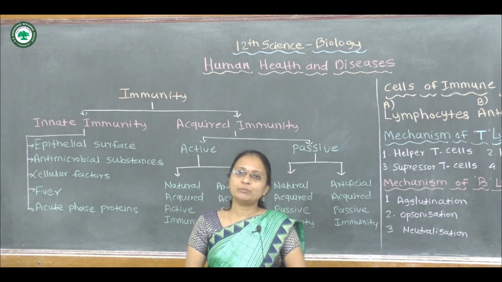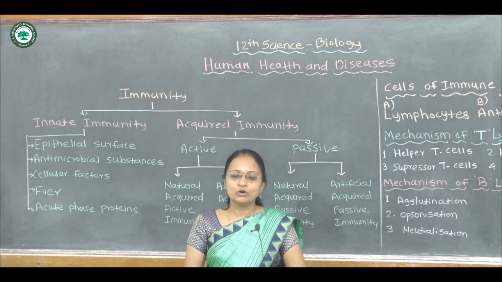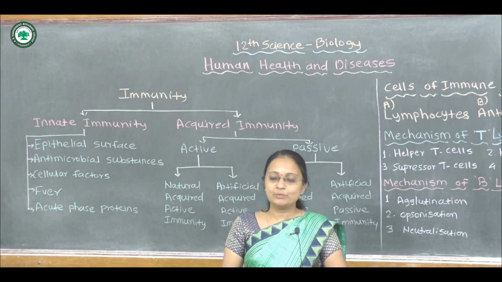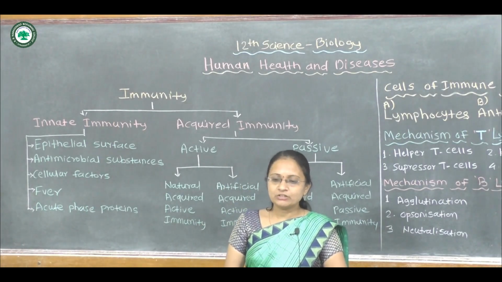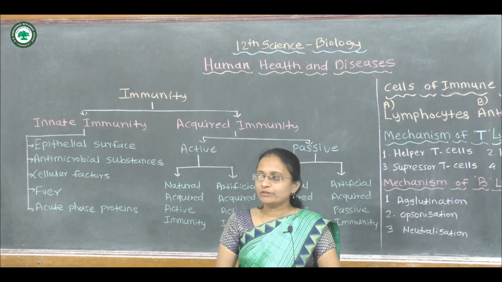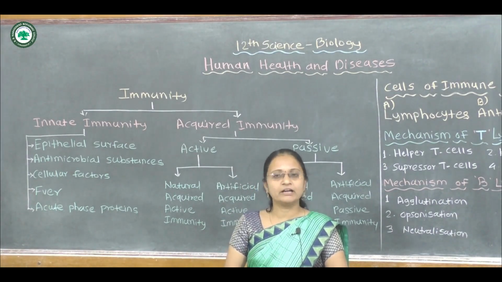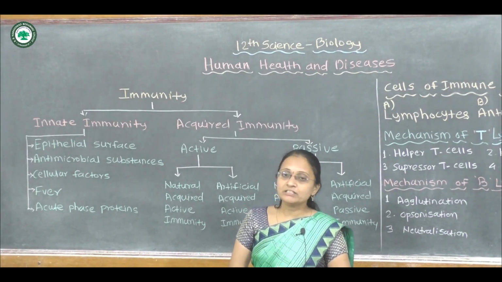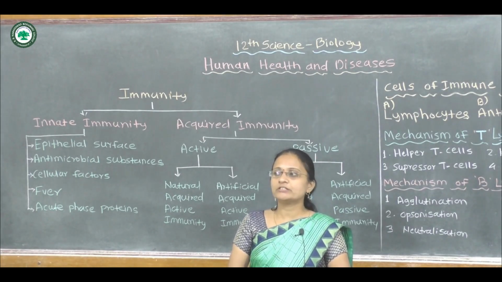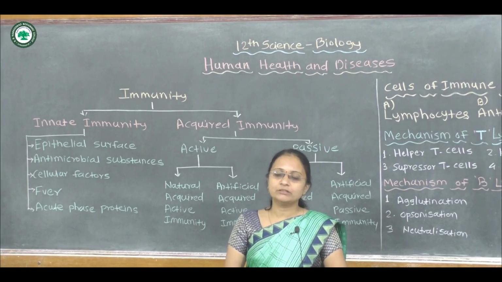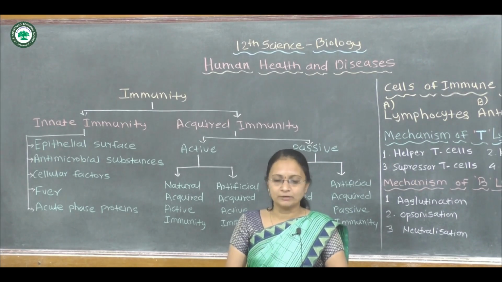These viruses will be killed because of the secretion of normal HCl present in the stomach region. The secretion in the vaginal tract also prevents the entry of bacteria. In this way, the epithelial surface, which is present by birth, prevents the entry of foreign particles.